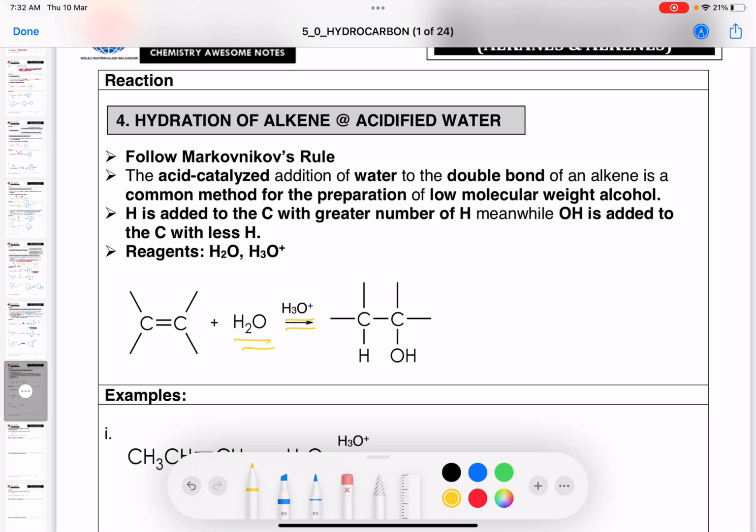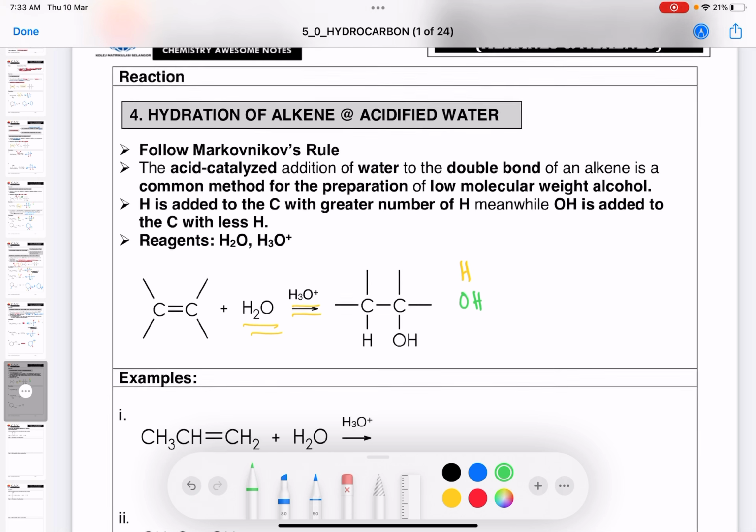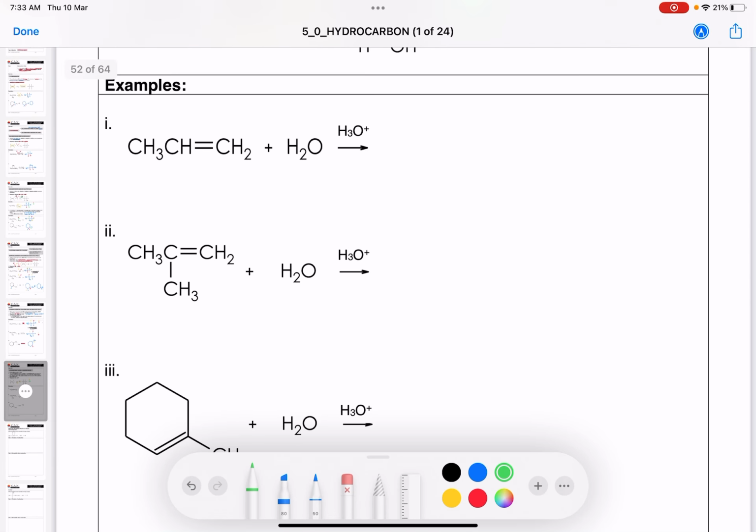So which goes to which carbon? In this case we have H and we also have OH. This one is following Markovnikov's rule. H will go to the carbon with more hydrogen and OH will go to the carbon with less hydrogen.